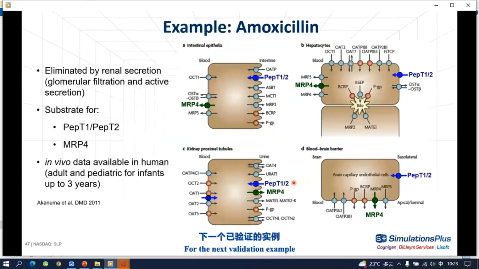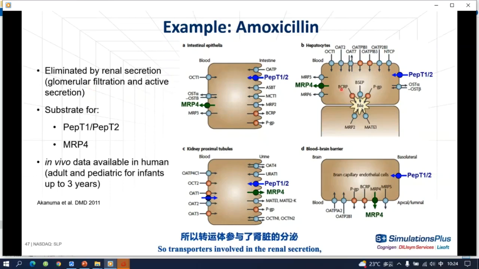For the next validation example with these mechanisms, or for the transporter-related compounds, we can take a look at amoxicillin. This compound has a different clearance pathway. It is eliminated by renal secretion. And renal secretion means glomerular filtration and active secretion.